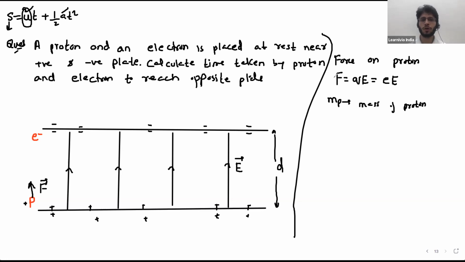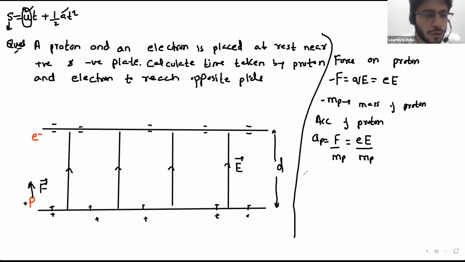Shahzada, you have force, you have mass, then what's the acceleration of proton? It's force by mass. So the acceleration of proton is force on proton divided by mass of proton. Force on the proton is eE, mass of the proton is mp. So that's the acceleration of proton.